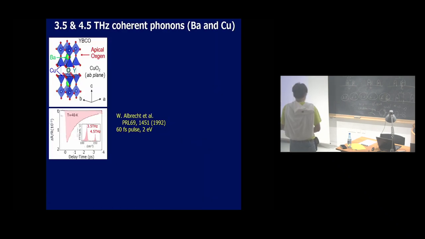The second thing is the coherent phonon. The 3.5 terahertz and 4.5 terahertz coherent phonon modes are very famous, which are attributed to the Ba and Cu atomic motion along the c-axis.